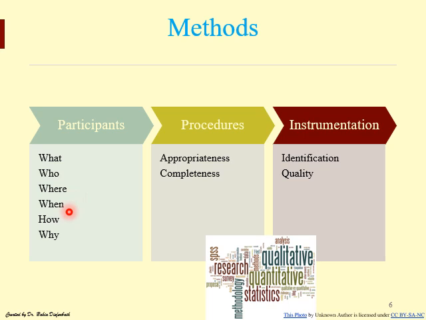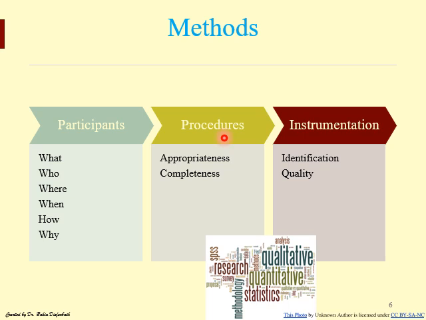Did the researchers identify the time period during which the study was conducted? How? The researcher needs to specify how participants were selected, and did the selection procedure appear to be appropriate? Why? Was there an explanation for why these participants were chosen?